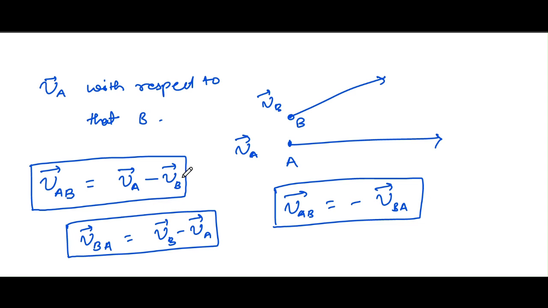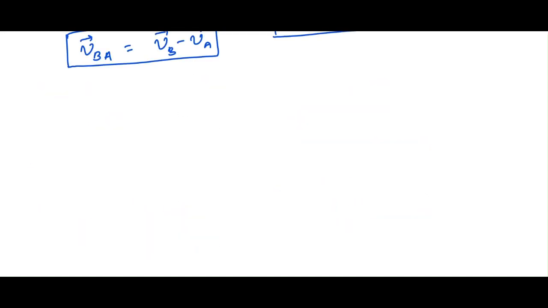What does it physically mean? To make the concept simple, let's take an example of relative motion in one dimension. Then we can extend the same argument to two dimensions also. So let's say there is a body A and there is a body B. A is moving this way, positive x, and this direction will be negative x.